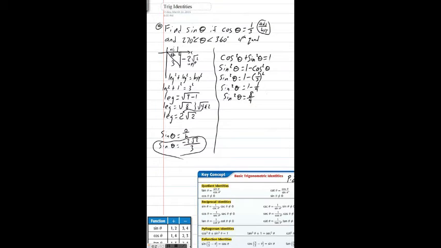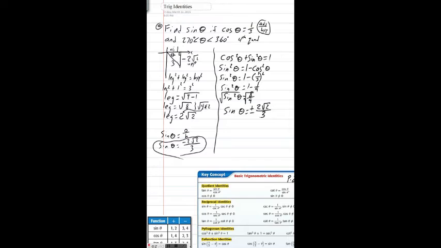Now, take the square root of both sides. So I have sine of theta is equal to plus and minus. Remember, two answers. Square root of 8, square root of 2 over 2. Well, square root of 9 is 3.